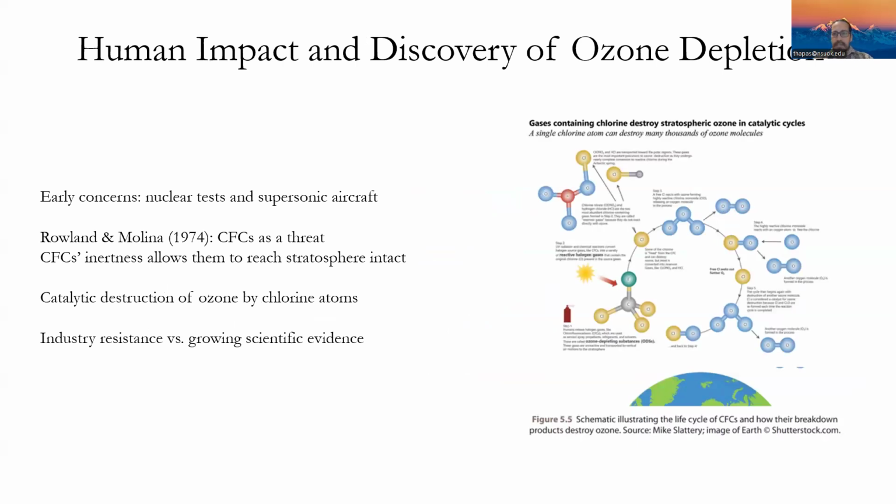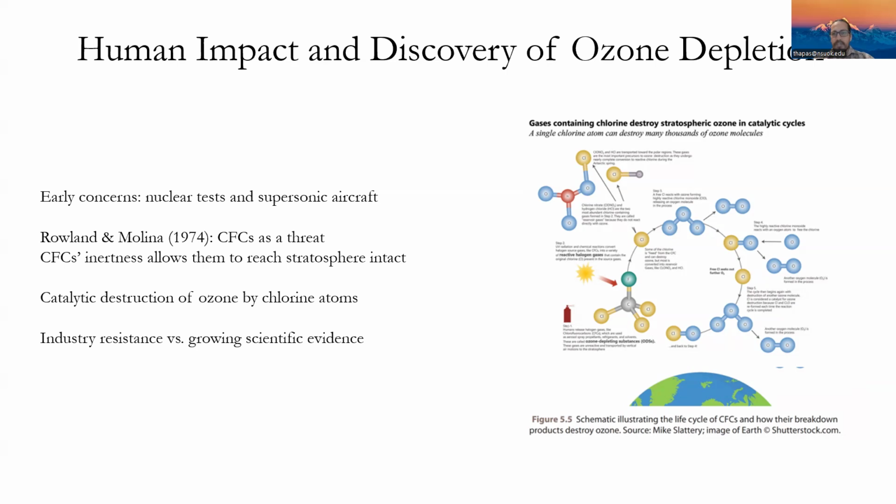In the 1970s, scientists linked human activity to ozone loss. Rowland and Molina showed that chlorofluorocarbons, once common gases used for refrigeration, reach the stratosphere intact and release chlorine when broken down by sunlight.